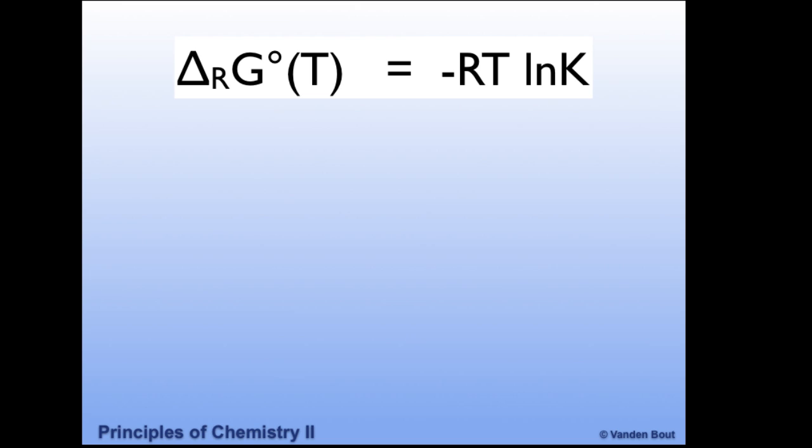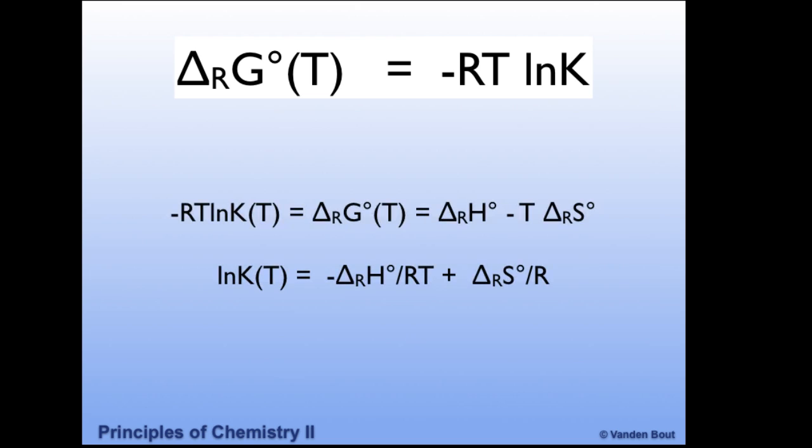So we can break that down by isolating K. Rearranging this equation, we have delta G, its temperature dependence, is delta H minus T delta S. Now for this example, we're going to simply assume delta H and delta S are independent of temperature. That's a little approximation. They have a temperature dependence as well, but that's another subtlety.